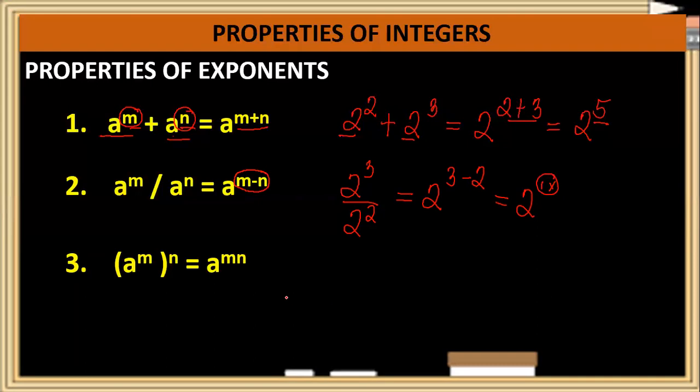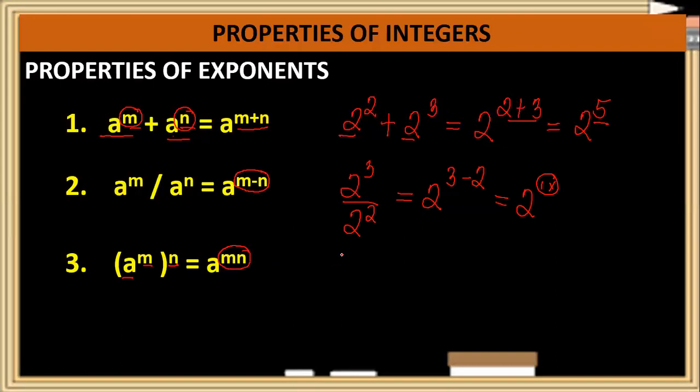Next, number 3 is what we call the power rule. In the power rule, A is any integer with exponent m, and the whole value is raised also to exponent n. So we multiply our exponents.